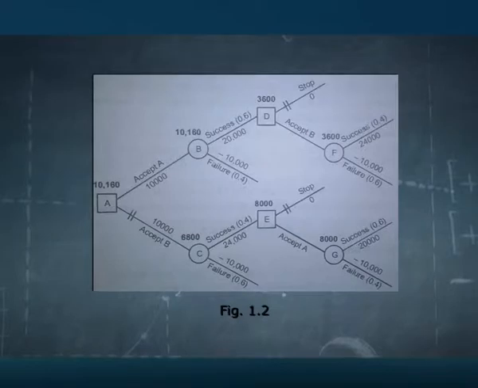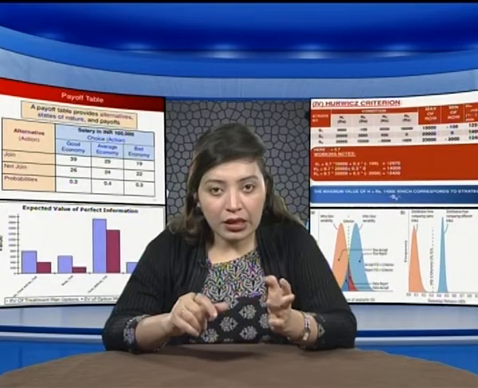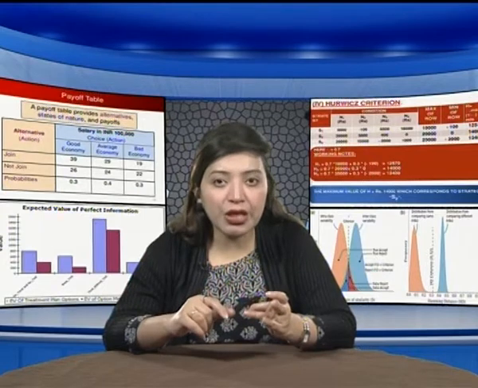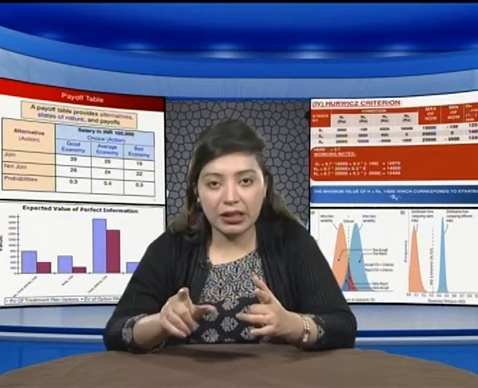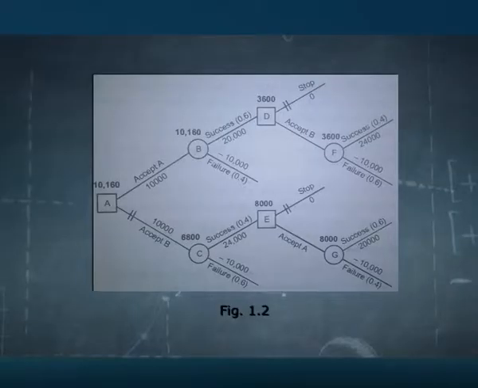So let's see how we are going to do the solution. The decision tree based on the given data is depicted in image 1.2. Now, having constructed the decision tree, we are ready to analyze the problem using the rollback technique. We begin by considering the rightmost column of nodes, namely chance nodes F and G. For each chance node, we calculate its expected payoff, EP, as shown below.